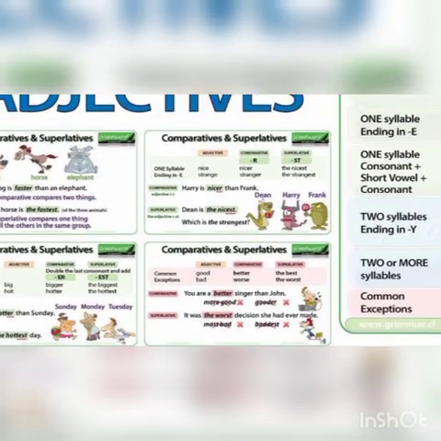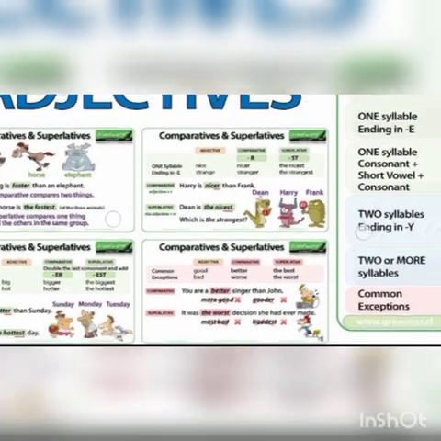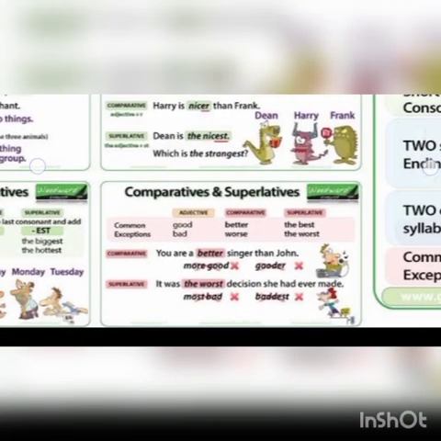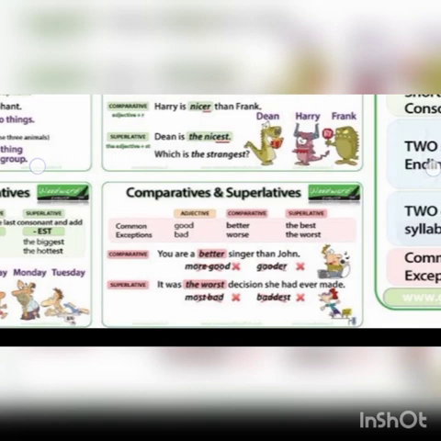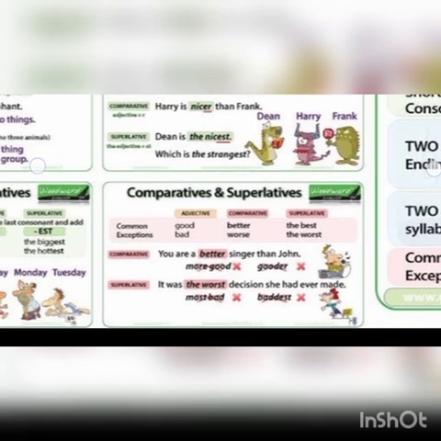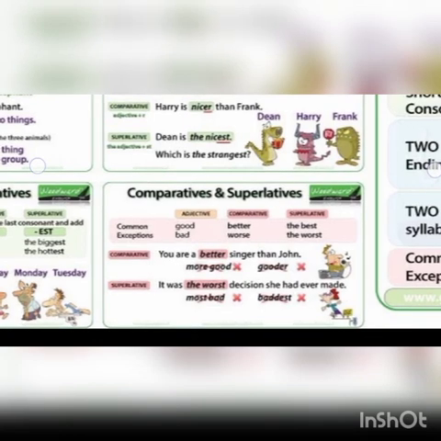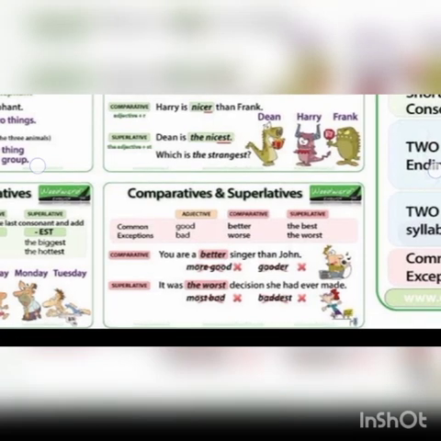Comparative and superlative. The common mistakes. Please don't use more good instead of better. As I told you, good, better is an irregular form. It's a special case. You are a better singer than John. It doesn't exist gooder, please. It doesn't exist more good. It's better.